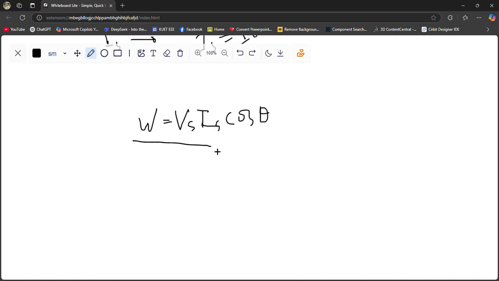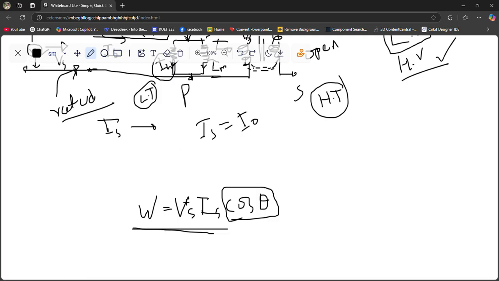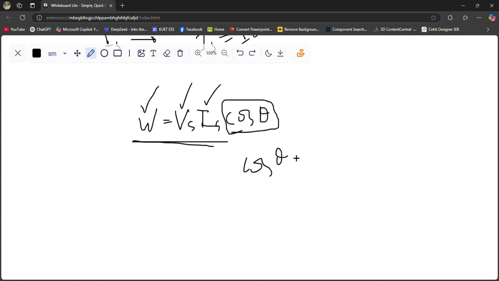If we have these values, then we can get the power factor easily, because we have measured the supply voltage with the voltmeter, we have the supply current Is with the ammeter, and we have the real power with the power meter or wattmeter. Then cos theta will be W divided by Vs Is.